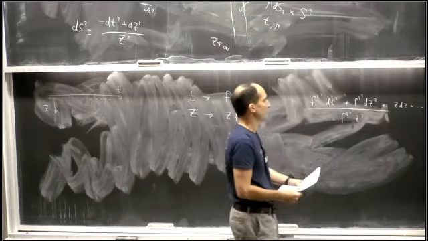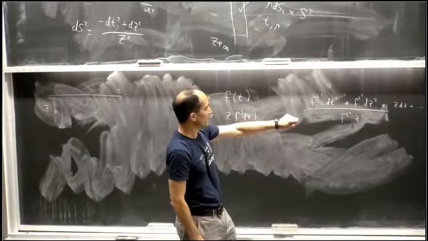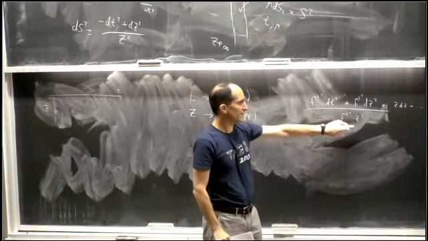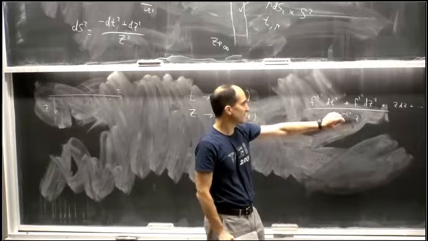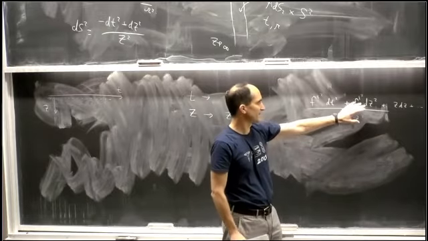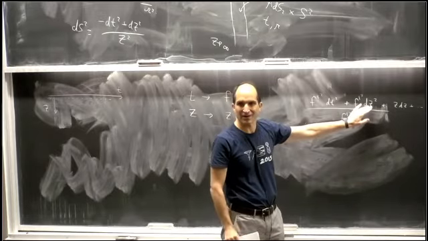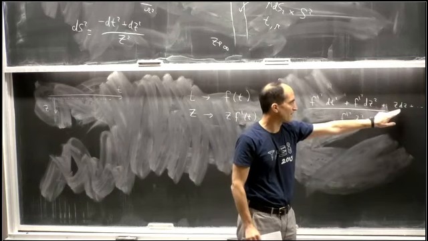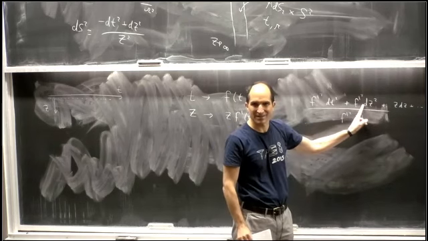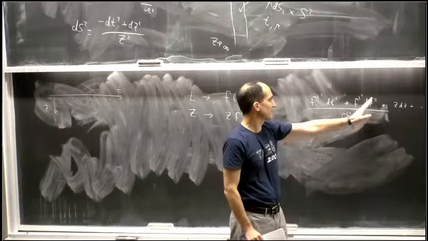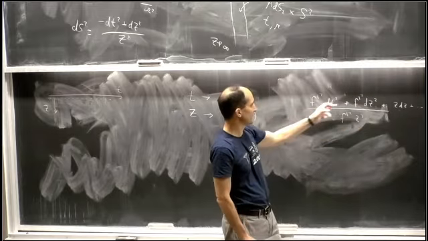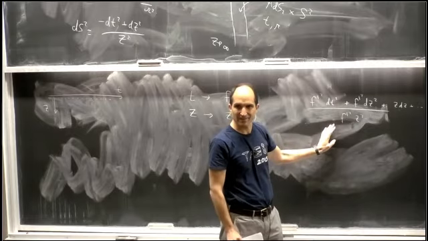Now, if we think of this metric very close to c equal to 0, and we think of dc and dt as being of order 1 quantities, but this is of higher order than this one in the small c expansion, then this metric is invariant because these f primes are cancelling.